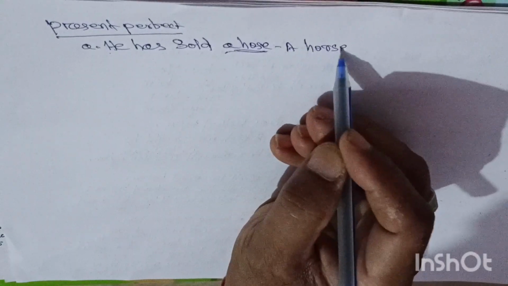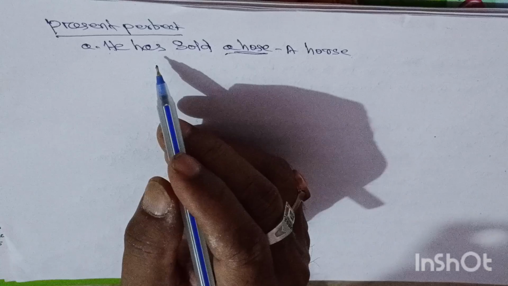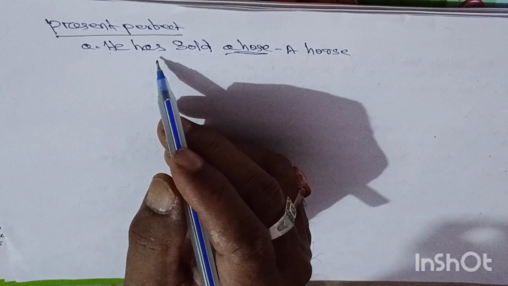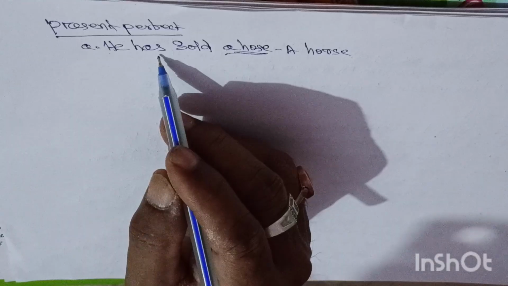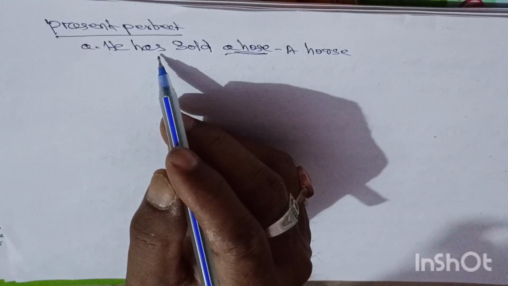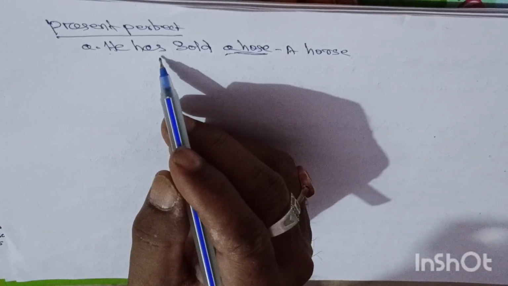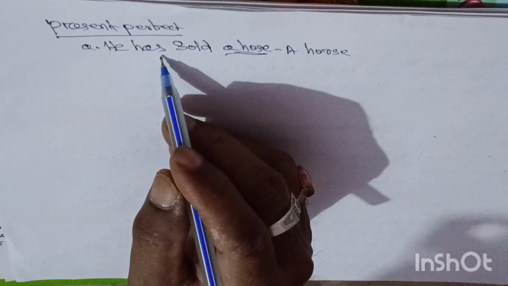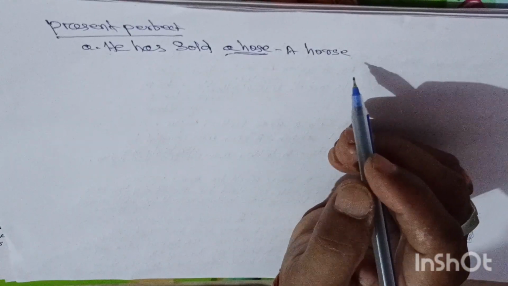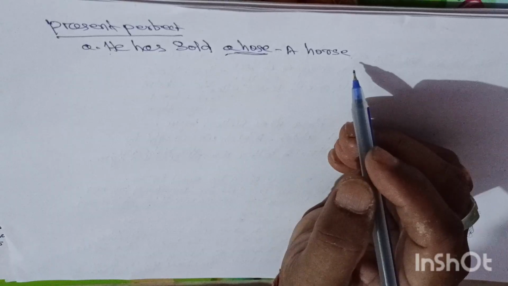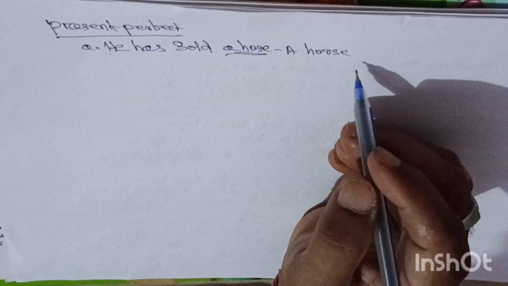Then you watch what tense and what form it is. The sentence is in present tense and perfect form, so you use the auxiliary verbs "has been" and "have been".